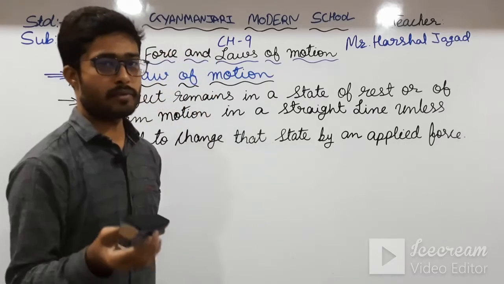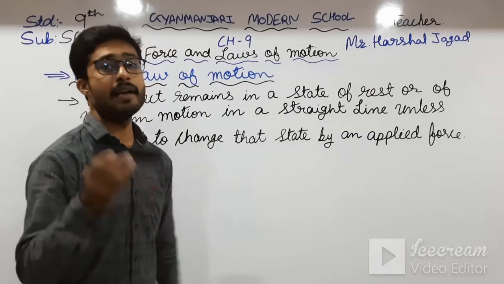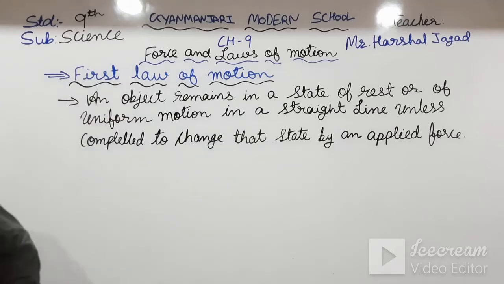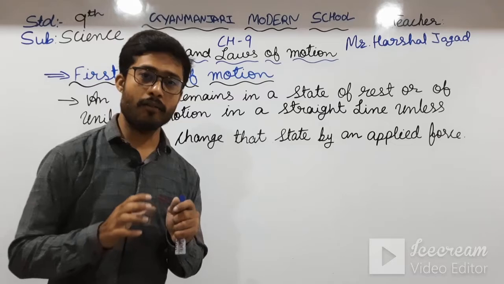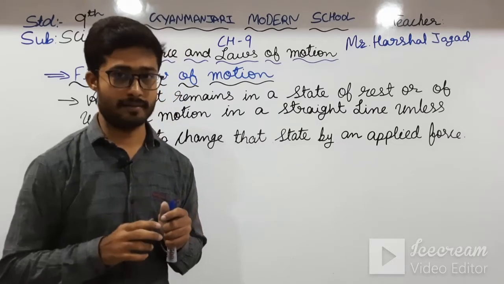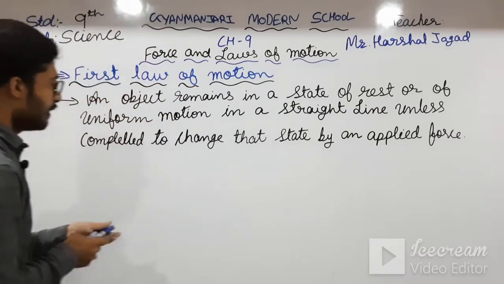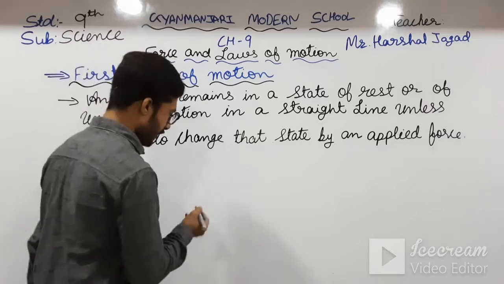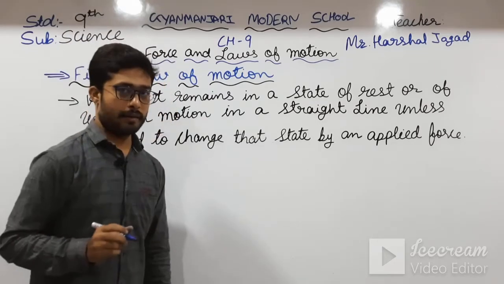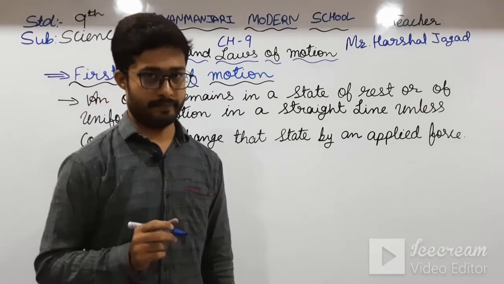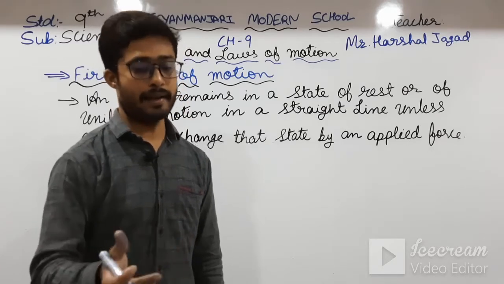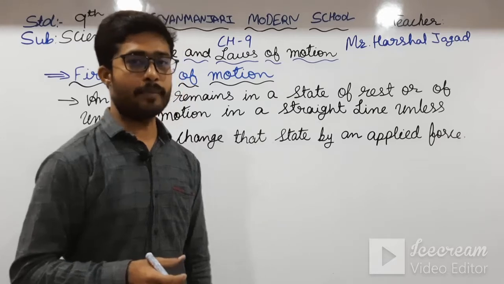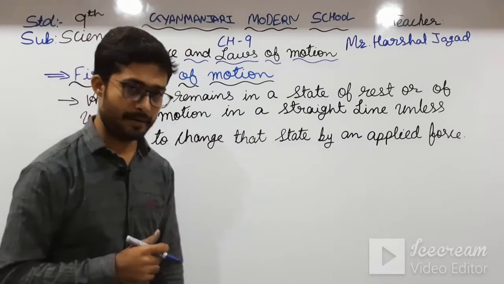Okay students, this was the state of rest. Here we take another example. In standard 9th, I know many of you are footballers. See here, imagine there is a penalty shootout in a football match, and your captain tells you to take the penalty.